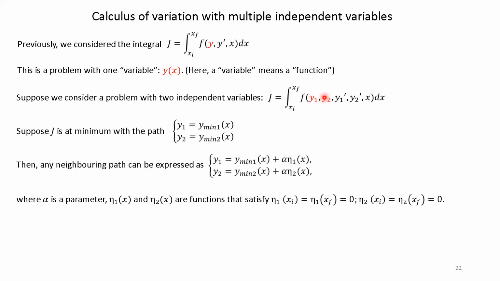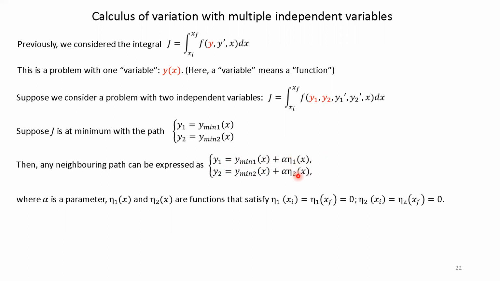And the nice thing is that the strategy we had for one independent function can be trivially extended to two or even more independent variables. Before, I had y equals y min x plus alpha eta x. Here I'm basically doing the same thing, but now I have eta 1 and eta 2 instead.